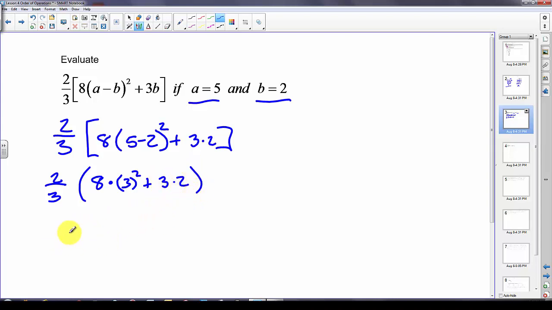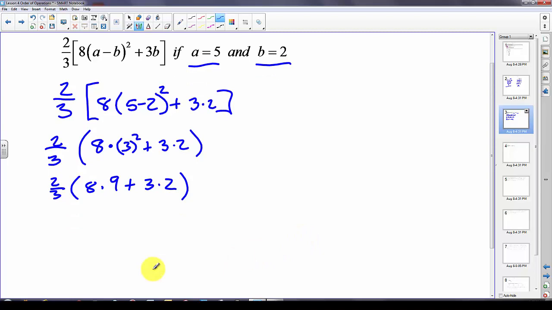Within these parentheses, I notice there's an exponent, so I have 8 times 9 plus 3 times 2. I'm going to do all multiplications and divisions as I see them from left to right. So within the parentheses, I notice I have 8 times 9, which is 72, added to, because I can't do any of my additions yet, 3 times 2 are 6.